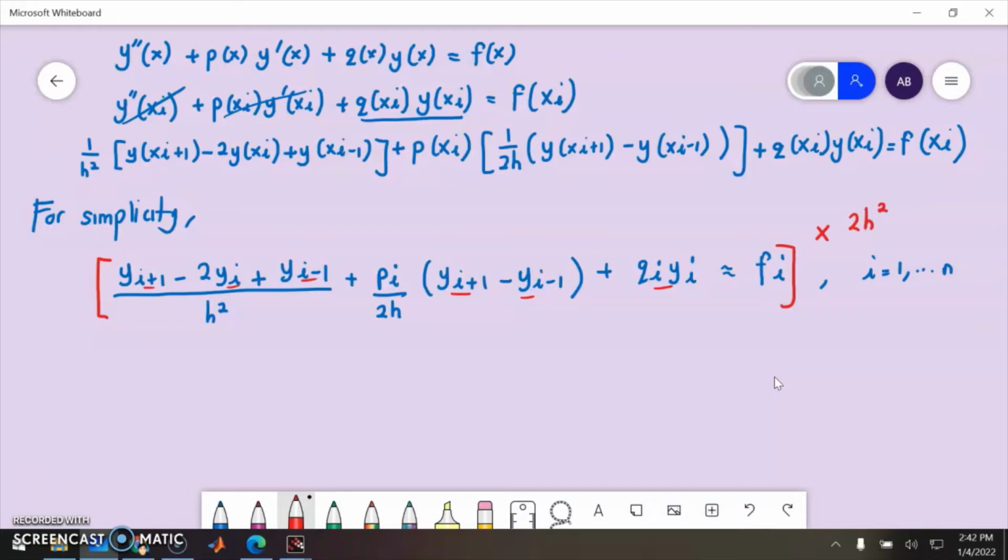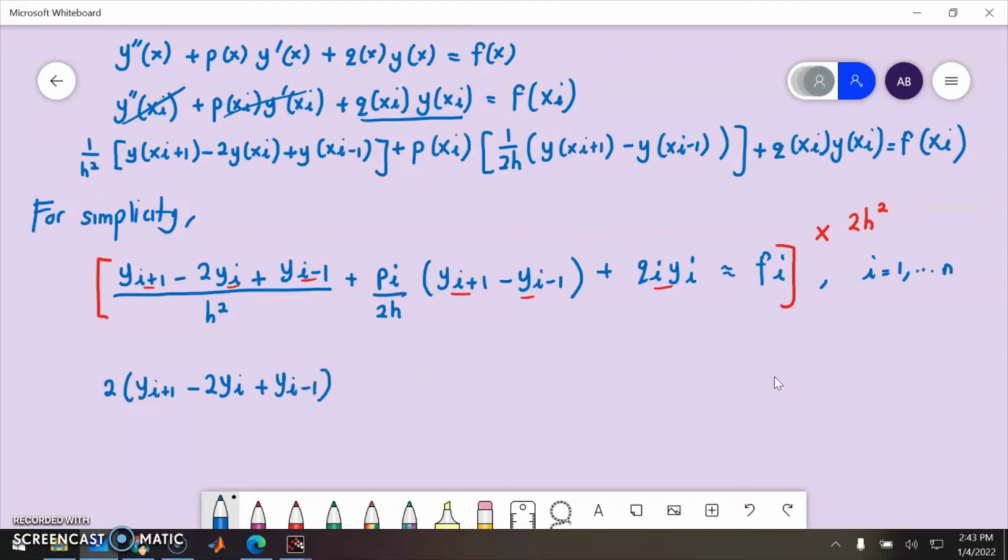So 2 and h squared can be cancelled out. Multiplying by 2h squared, I have 2 in front: 2y_{i+1} minus 2y_i plus y_{i-1}.